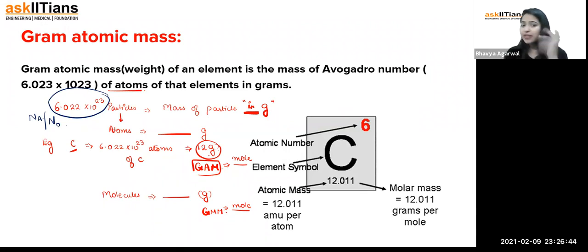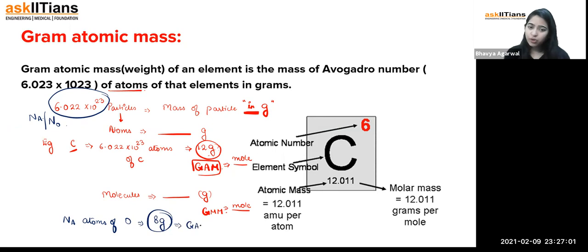Same way, if I talk about the mass of oxygen, if I have Avogadro number of atoms of oxygen, we just did its mass number is 8. So it will have 8 grams, and 8 grams will be the gram atomic mass of it, which means it is the mass of 1 mole of oxygen atoms.